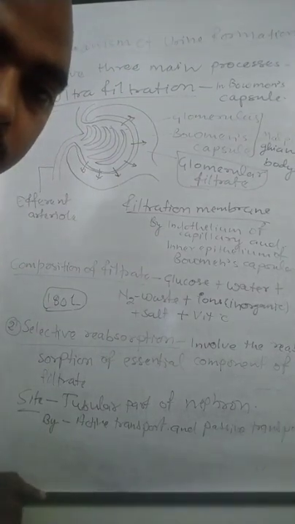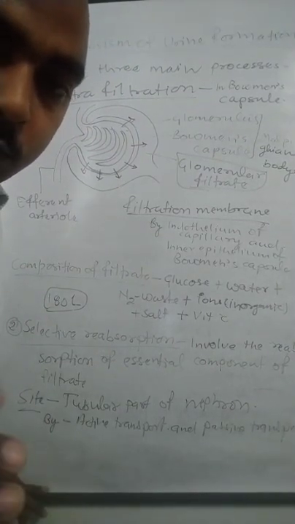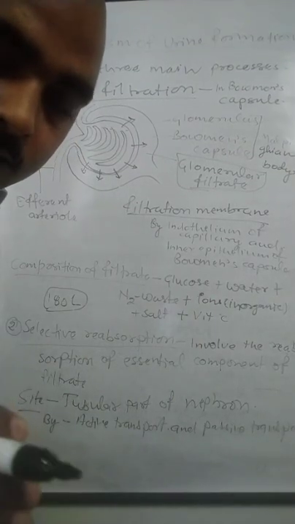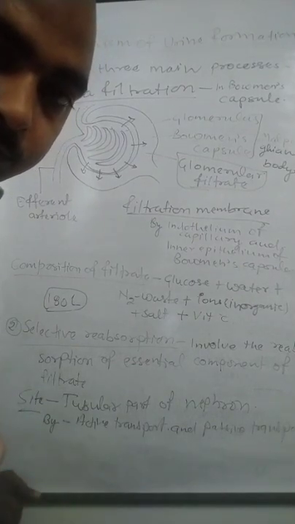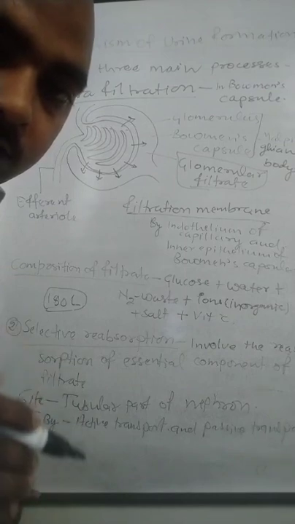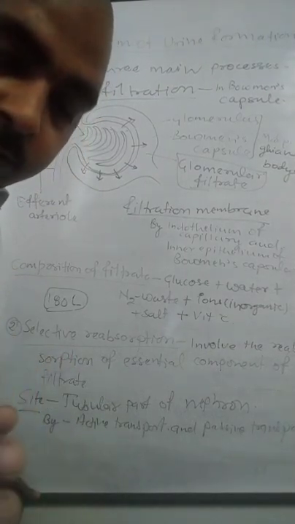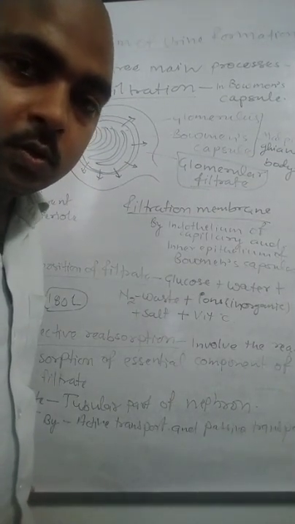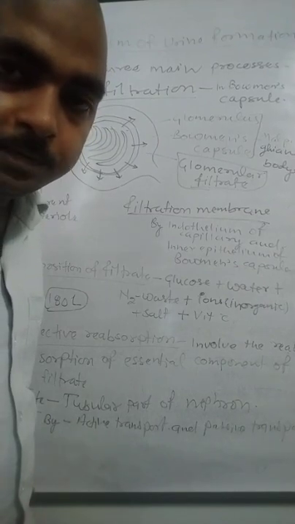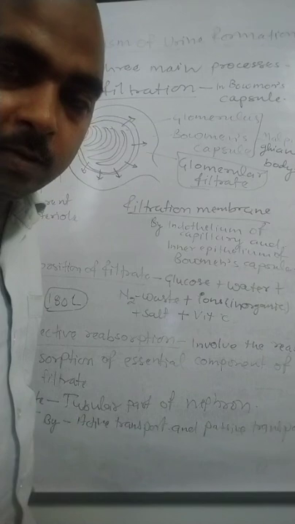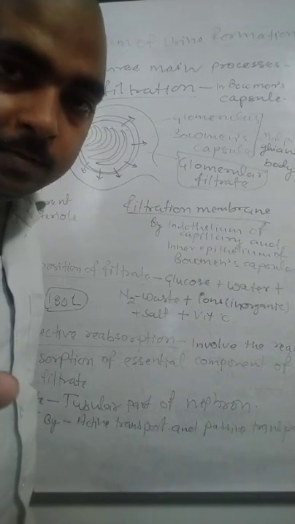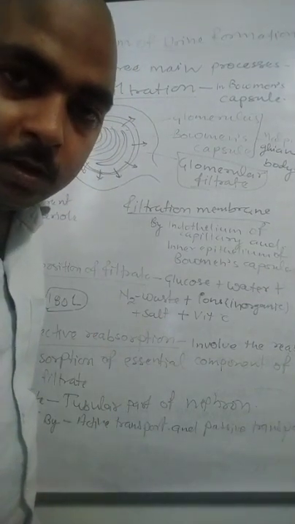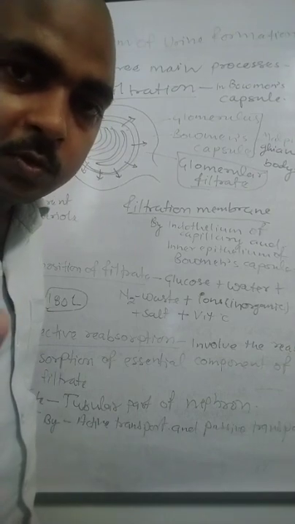Both take part. By active transport, especially the nutrients which were transferred into the Bowman's capsule as filtrate get reabsorbed, while passive transport occurs especially by diffusion as well as osmosis. Diffusion leads to the reabsorption of ions, while water gets reabsorbed into the blood by osmosis.